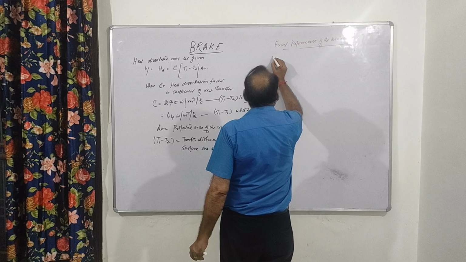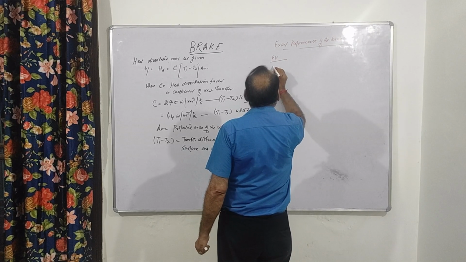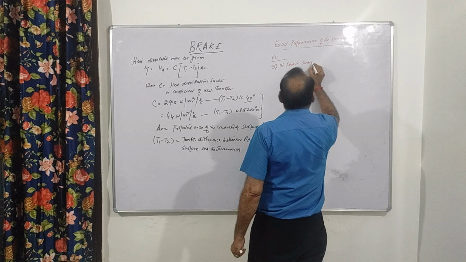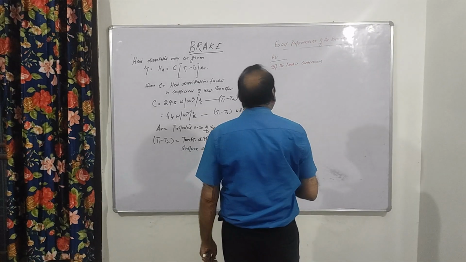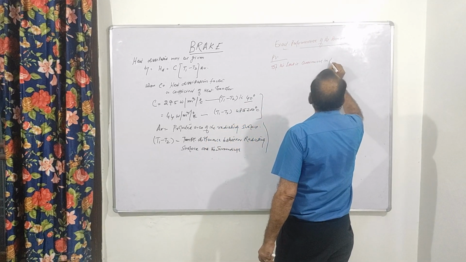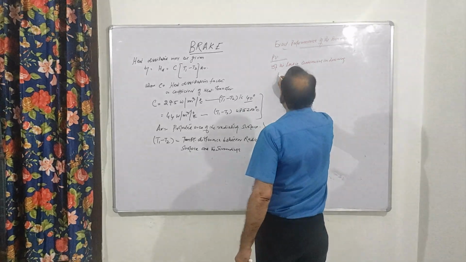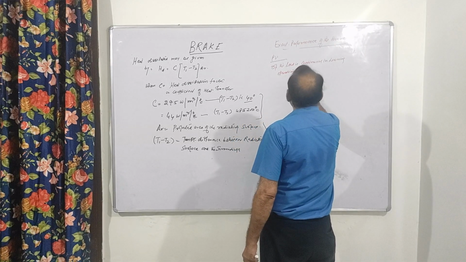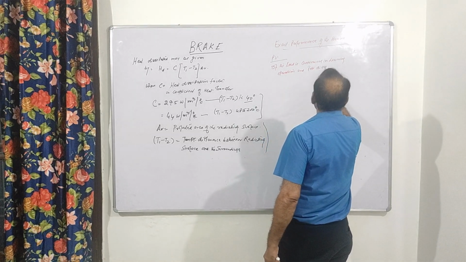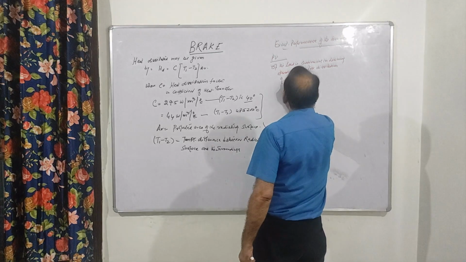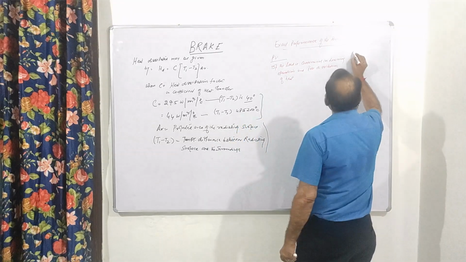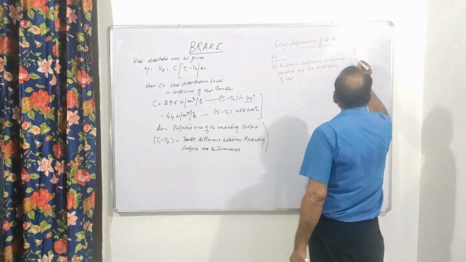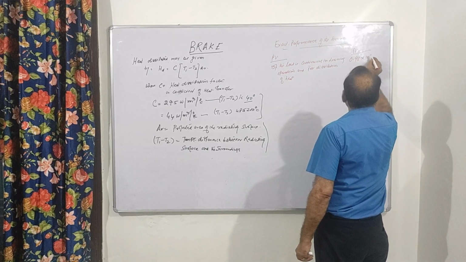The value of PV, if the load is continuous, in the lowering operation, and poor dissipation of heat. तो इस केस में PV का वैल्यू, just I am giving you the idea, आई थिंक 0.98 into 10 raised to power 6.